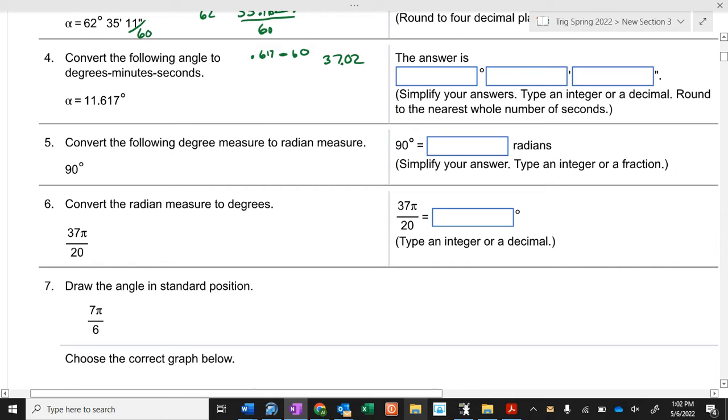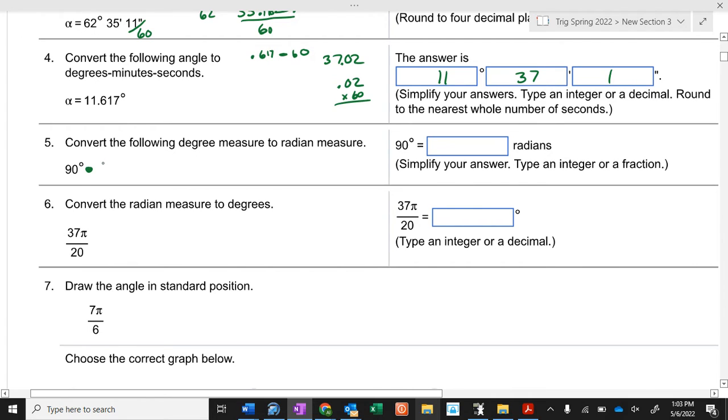There we go. So this is 11 degrees, 37 minutes, and then you take 0.02 times 60. Then you get 1.2. Yeah, round to the nearest whole number. 1. There you go.